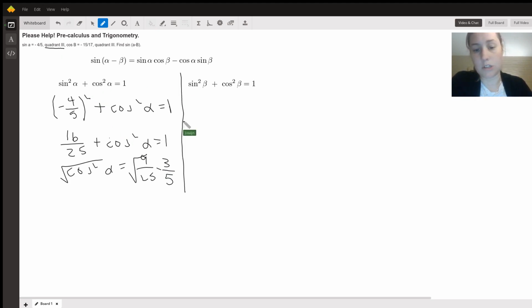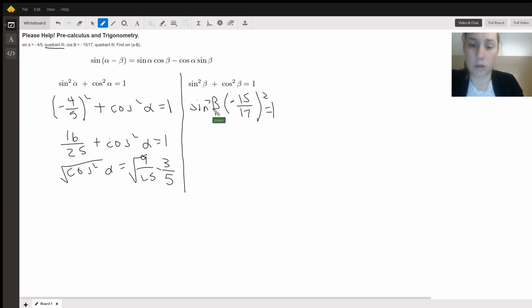Okay, and then we're going to do the same thing with the betas. So we know this one is -15/17 squared, plus sine squared of beta, and that's what we're looking for, equals 1. So we have sine squared of beta plus 225/289, and that's equal to 1.